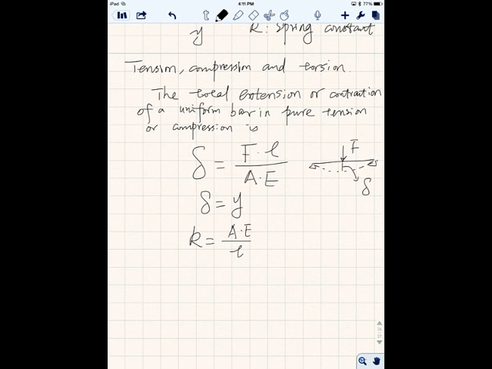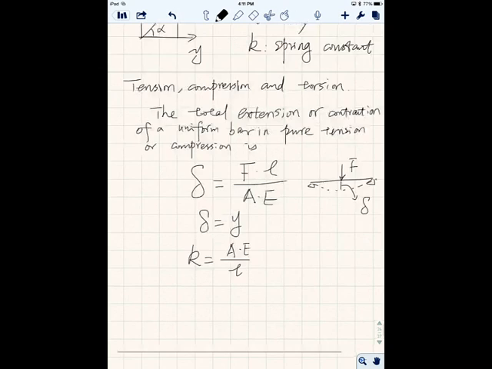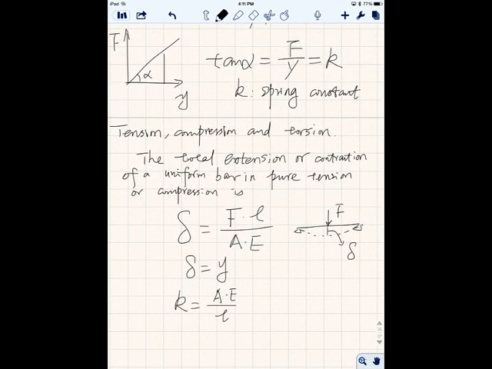So we can define K equals AE divided by L, which is very similar to F equals K times Y, like what we saw before. I keep F over there, and delta is just Y because it's the displacement in the Y direction, and everything else is just K, okay?